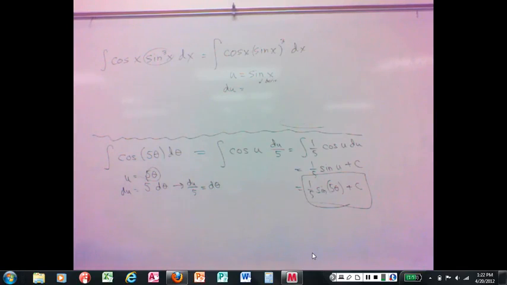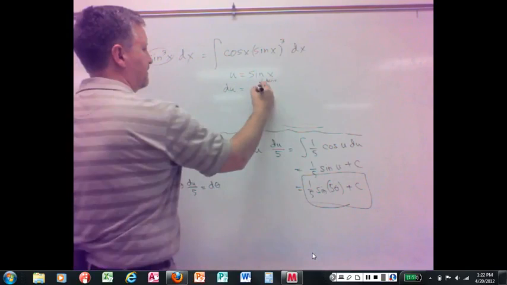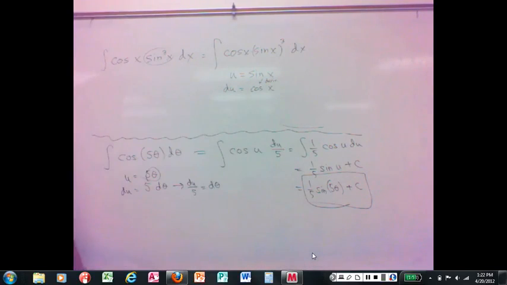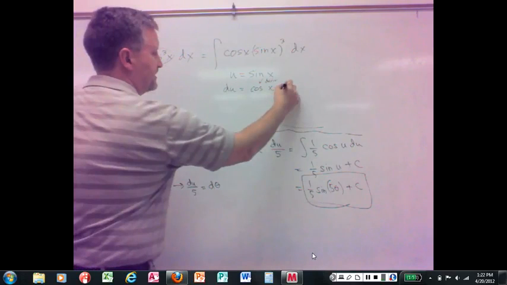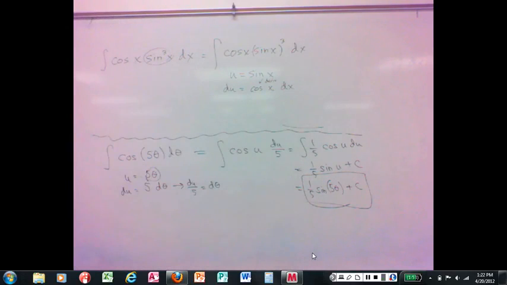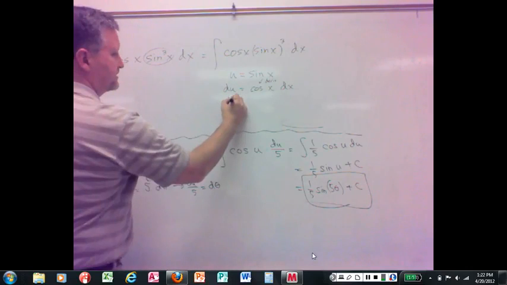Maybe I should have mentioned that earlier, but this is the derivative of sine. Derivative of sine is just cosine, isn't it? The antiderivative of sine is negative cosine, but the derivative of sine is just positive cosine. And then dx goes on the end of that. So du over cosine x is dx.